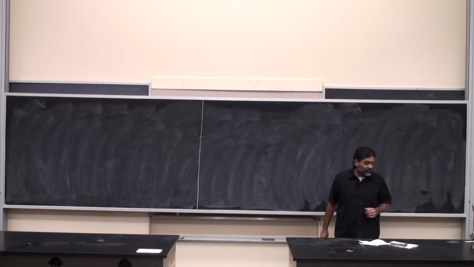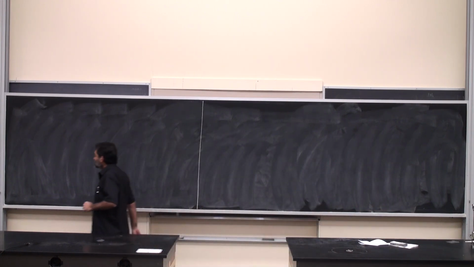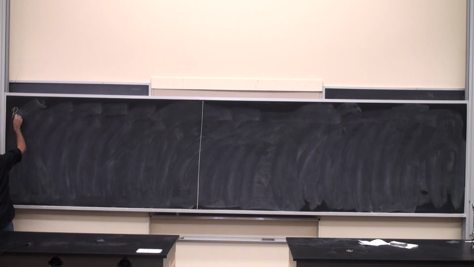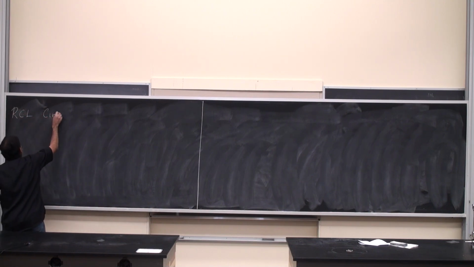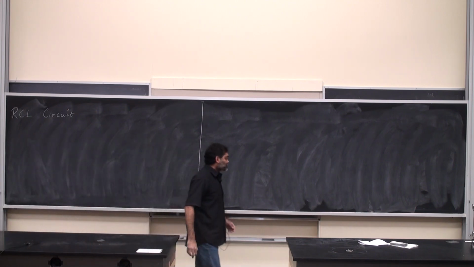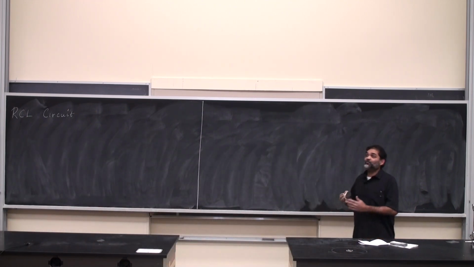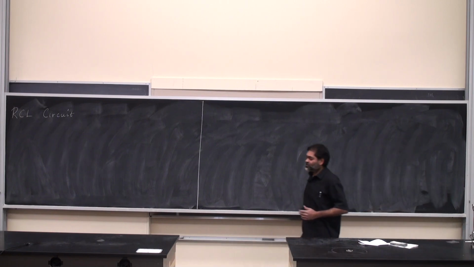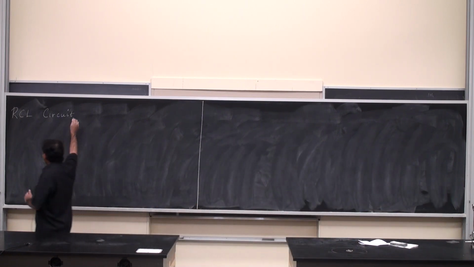All right. So last class we were looking at the RLC circuit. We derived the transfer function and we were also able to obtain the peak. I just want to go through the process a little more slowly. So just a recap.